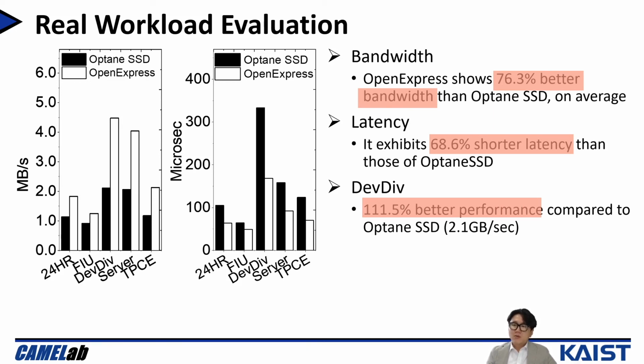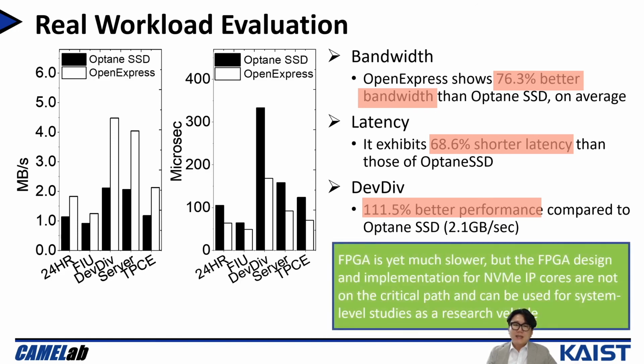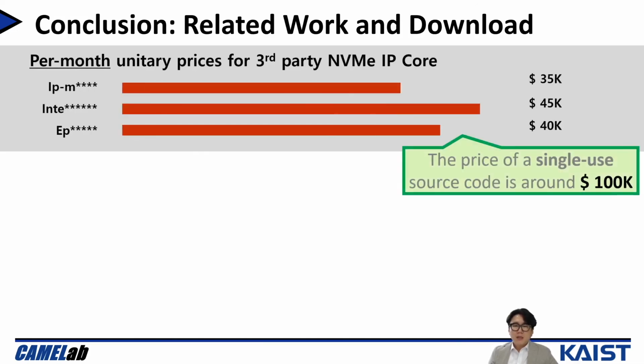What we want to demonstrate is that the FPGA is much slower, as we all know, but the FPGA design and implementation for NVMe cores are not sitting on a critical path and can be used for system-level studies as a research platform. So let me conclude this talk by providing the related work and the download information.